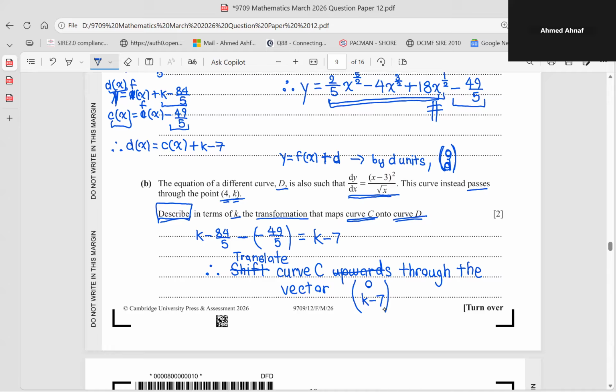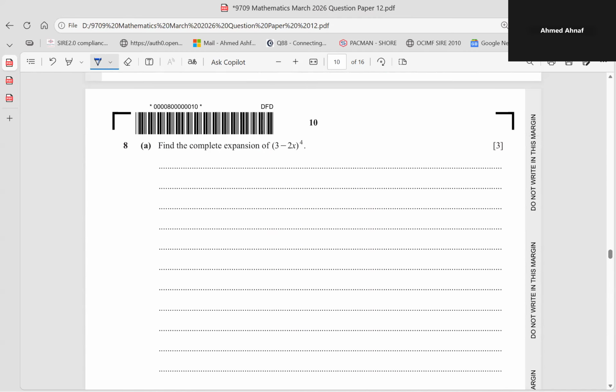For the y component of the vector, it's not the opposite, it's exactly the same. Only for the x component is the opposite. Okay? And this would be all for this entire question. Let's move on to the next question.